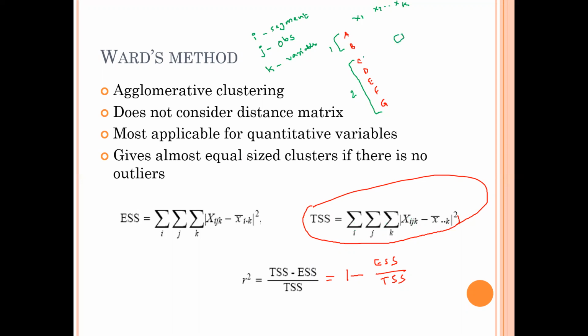Let's say when I is equal to 2, J is equal to 1, and K is equal to 2, then X2 of this observation comes up. That minus the mean of all the observations together. So all the 7 observations together, you get a mean of x1, a mean of x2, a mean of x3, and so on, the dot-dot meaning all. So basically you get an overall mean of xk.